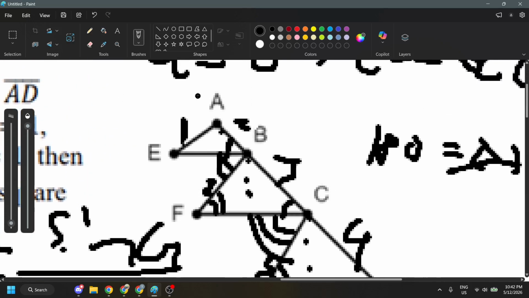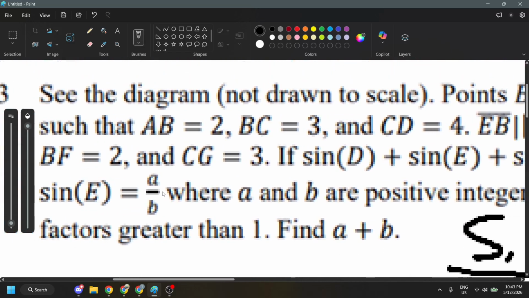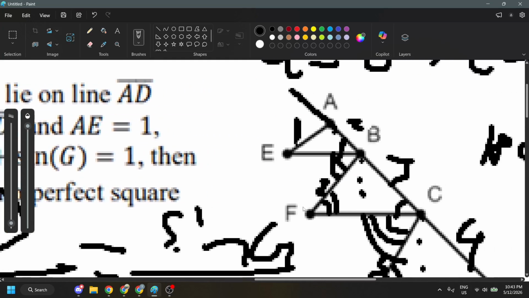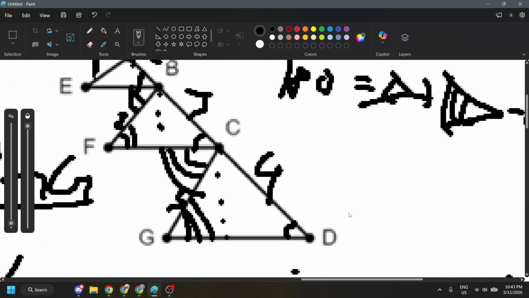Hmm. We continue this line, and we can see that we can't see anything. We know none of these angles. Well then, let's find one of them. None of these cosine or sine values.